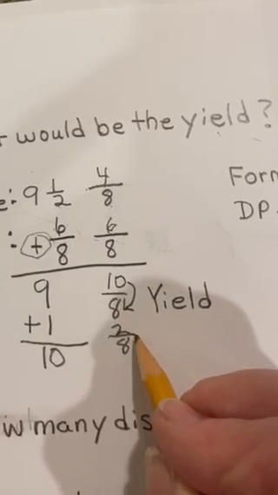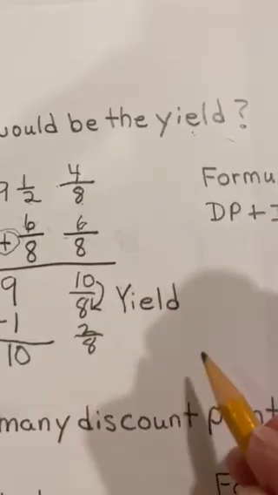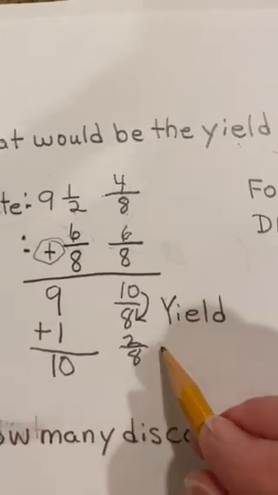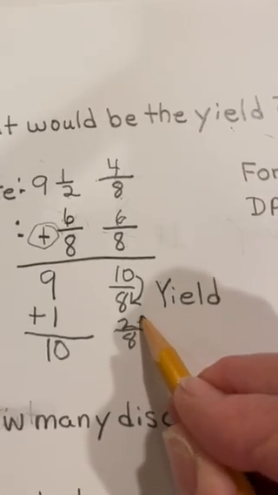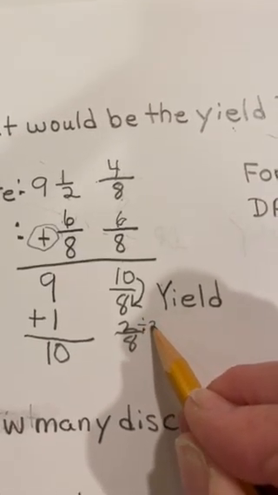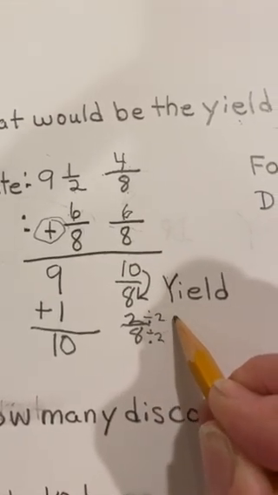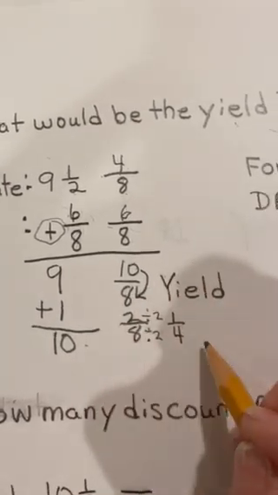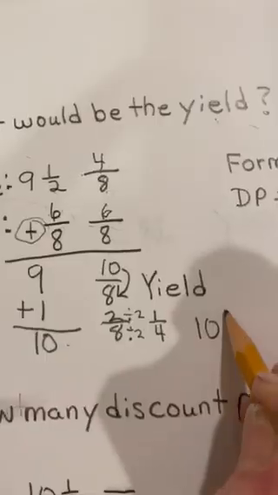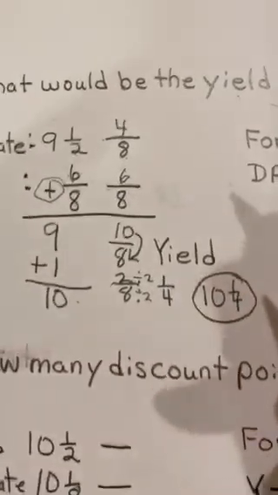If you've studied your chart and memorized it, you would know that 2/8 is 1/4 automatically. But if you don't know your chart, then you do it this way: you divide both of them by 2, the lowest number, to come out with 1/4.